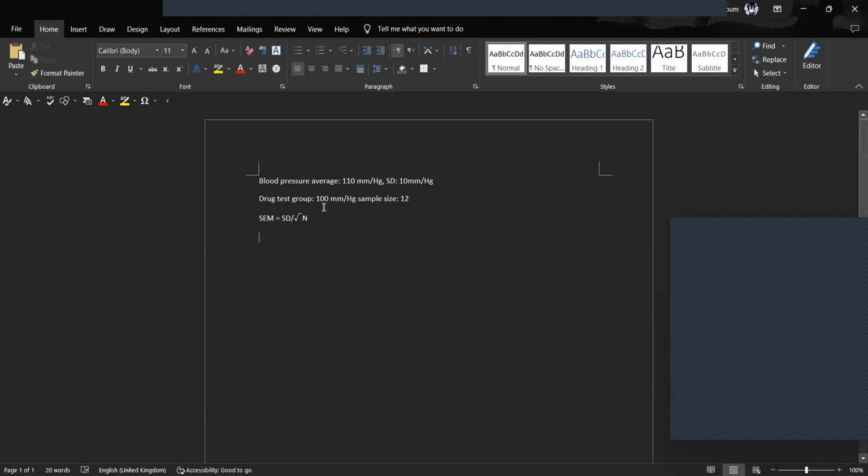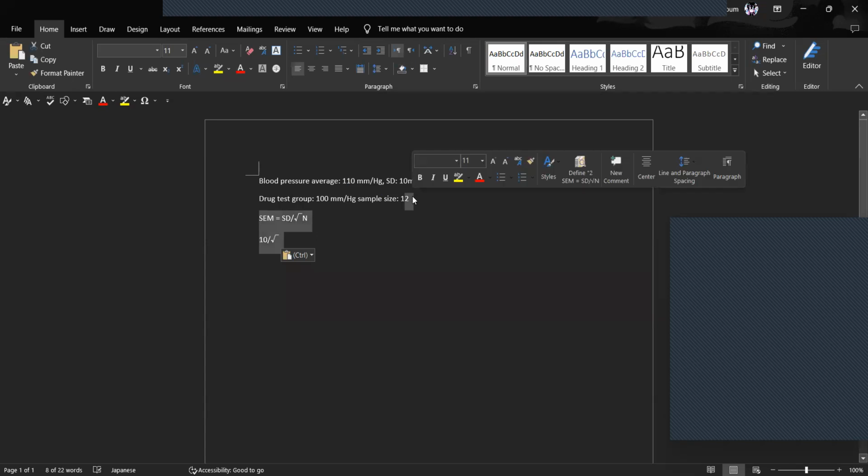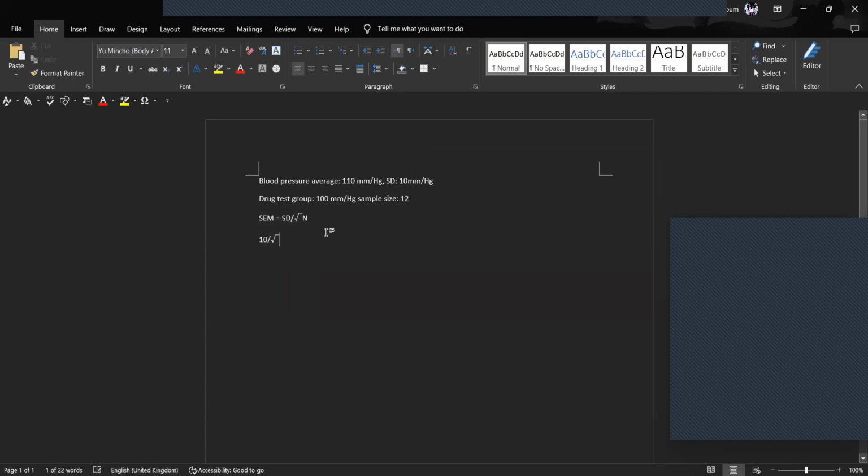So we have the standard deviation of the population, that's 10. So 10 divided by the square root of the sample size, or the square root of 12. I don't have the square root button on my keyboard, so we move on. And then what that will give us is the standard error of the mean.